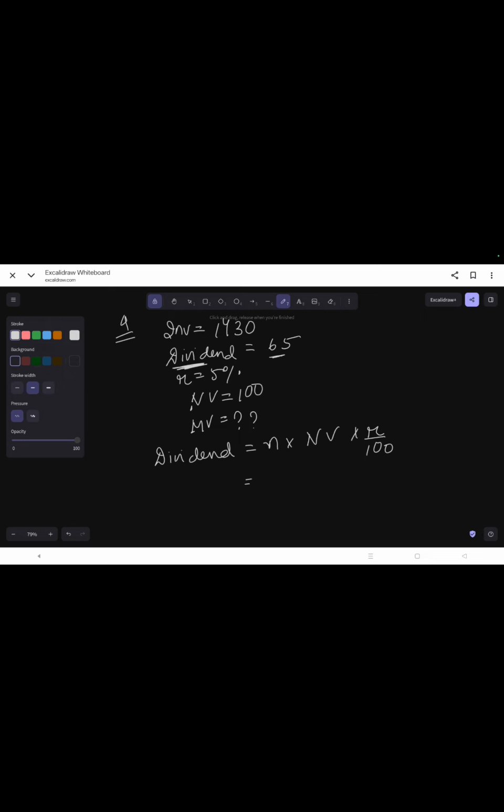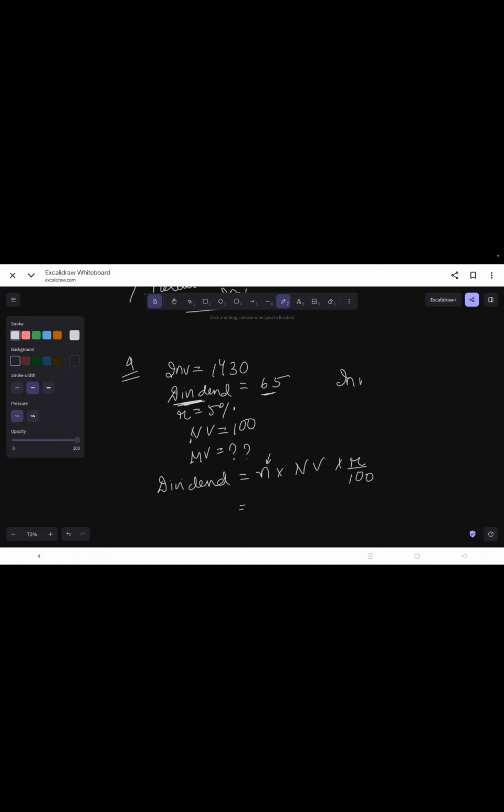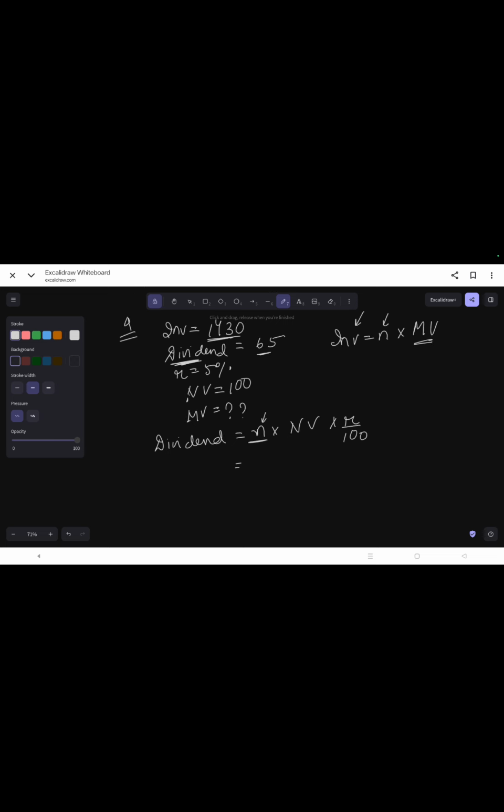So we have to find the number of shares. Why are we using the dividend formula? To find the number of shares. Because we know investment equals N into MV. We have the investment value, we will get the N value from here and easily find MV. Understood? If you didn't understand, just watch it twice.